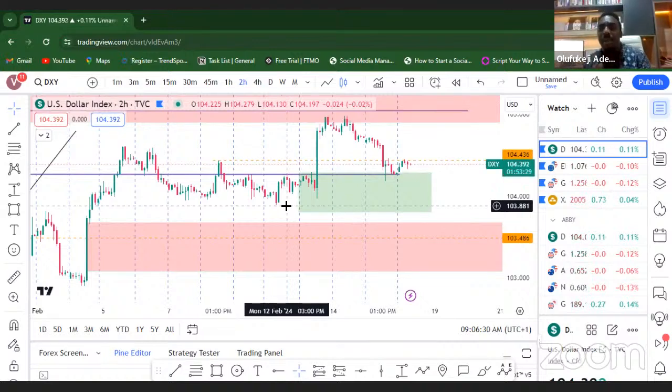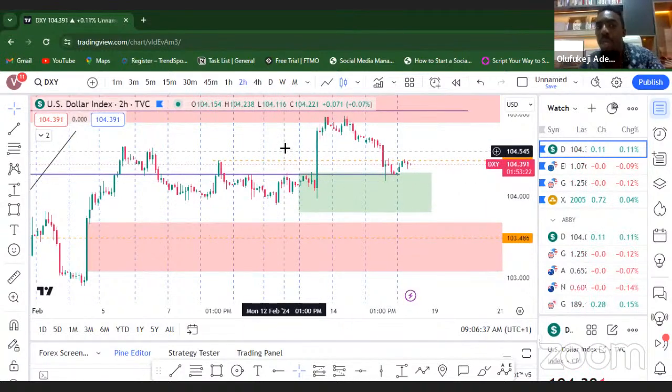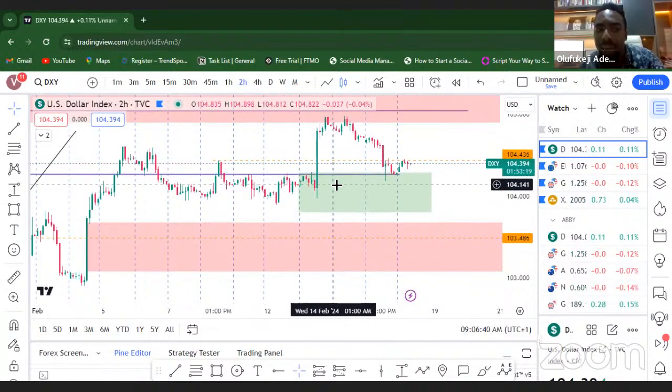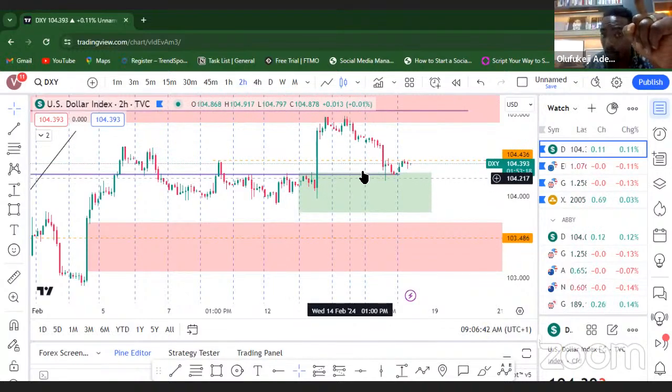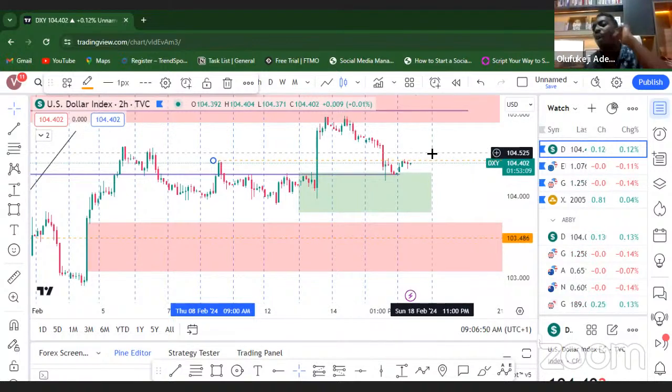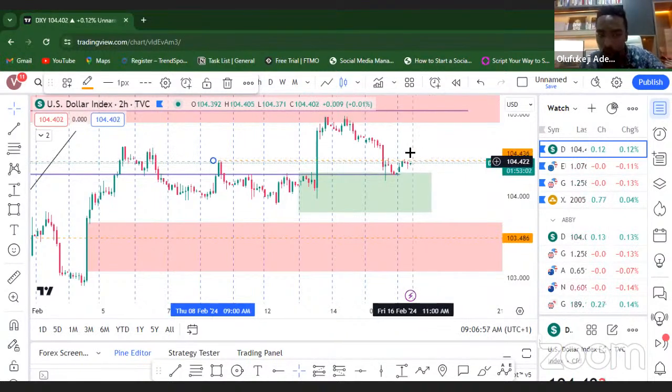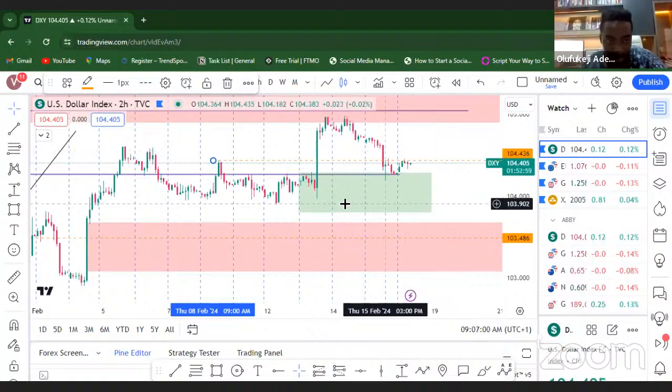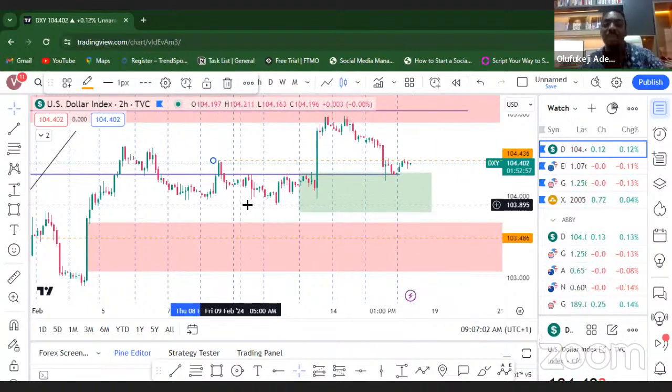Now, if price doesn't do that, it means price has taken out imbalance, a fair value gap. Because it has taken out this fair value gap, it can move to the upside, because that's what price does. It takes out fair value gaps and it takes out opposite liquidity. So now it has taken out this fair value gap. What's the next thing it's supposed to do? It should take out liquidity below. And once it takes out that liquidity, where is it going?